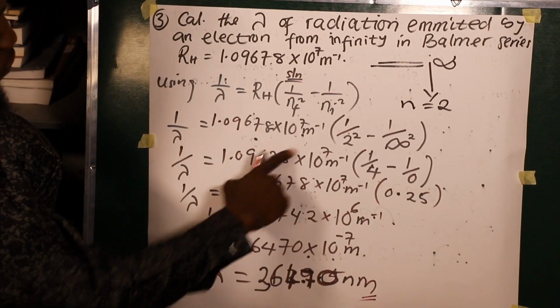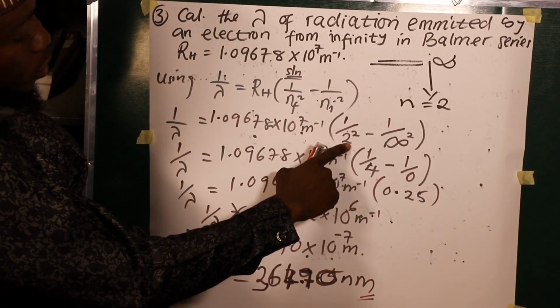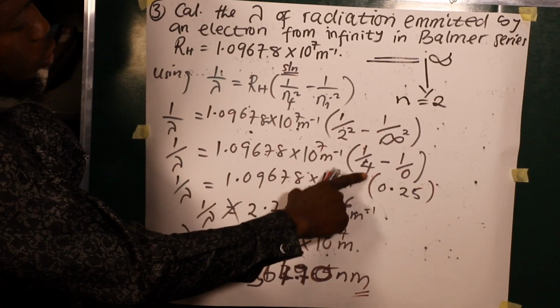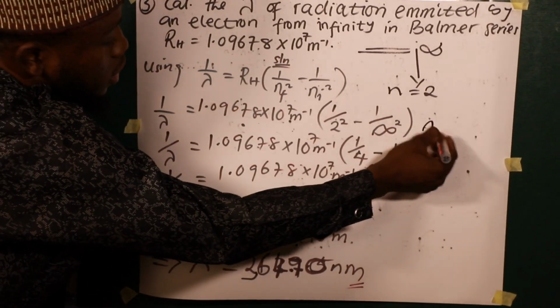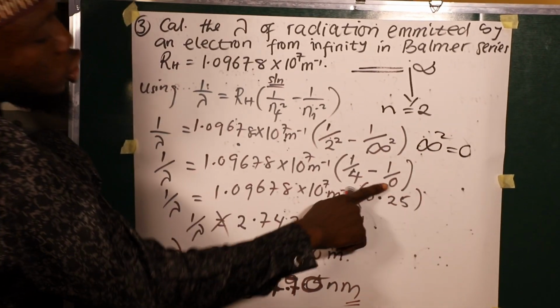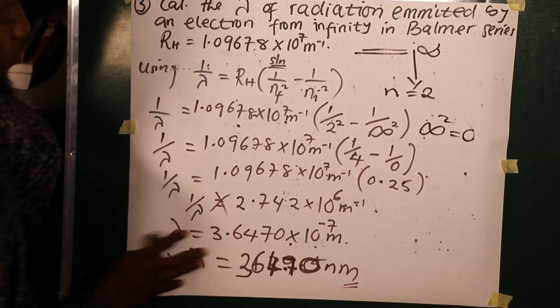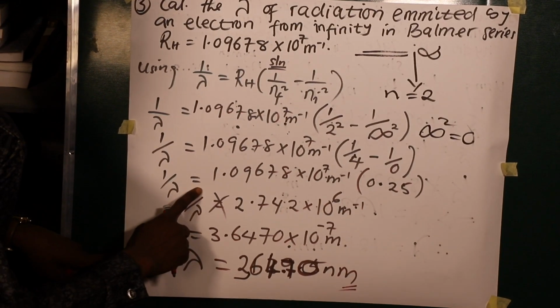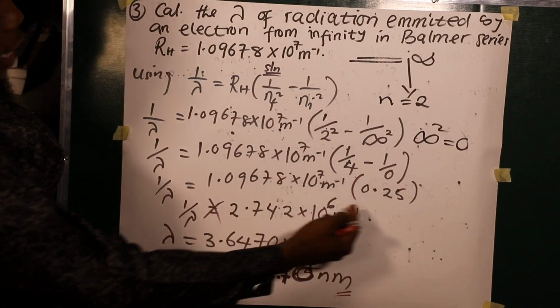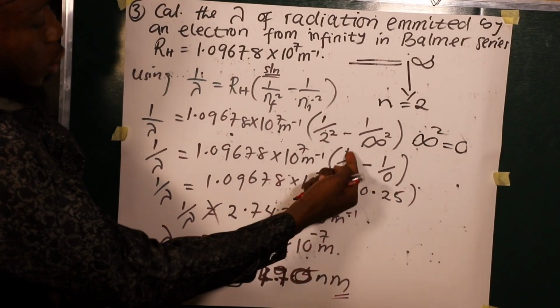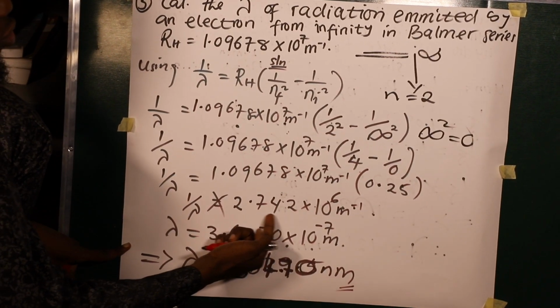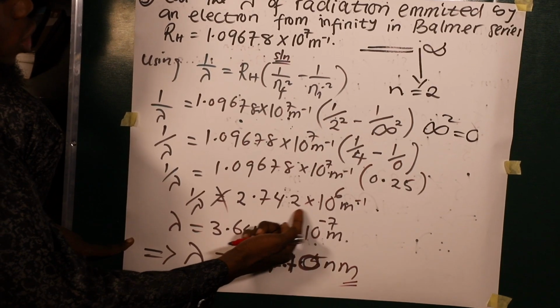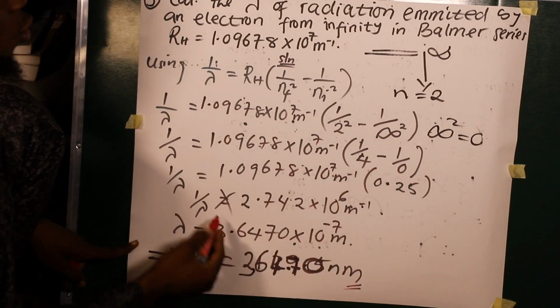So 1 over wavelength will be this value into 1 over 2 squared, which is 1 over 4, minus 1 over infinity squared, which is equal to 0. Then 1 over wavelength will be this value, and this bracket 1 over 4 gives 0.25. By multiplying the bracket with the outside value, we obtain 2.742 times 10 to the power 6 per meter.